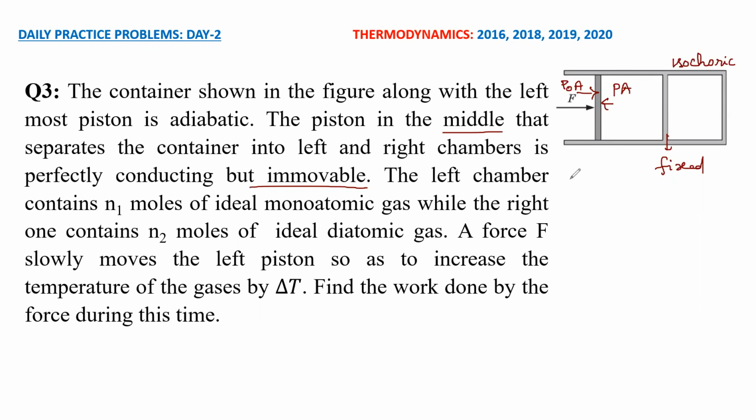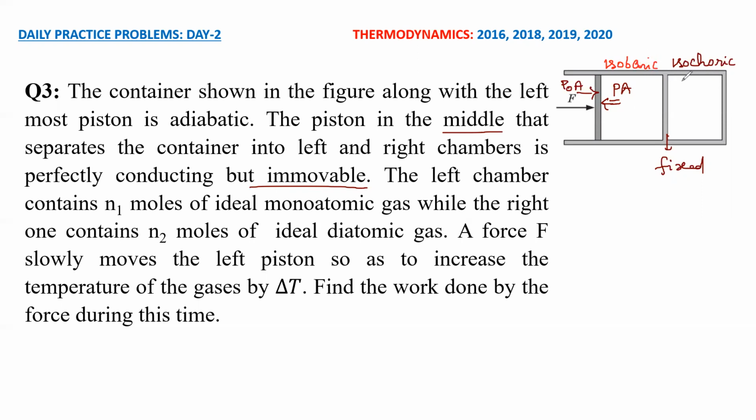And since we are moving it slowly, the force F is moving the thing slowly, it means that the piston is always in equilibrium. And therefore, you can easily understand that the pressure P in the left part of this chamber is constant. And therefore, the left chamber undergoes an isobaric process.